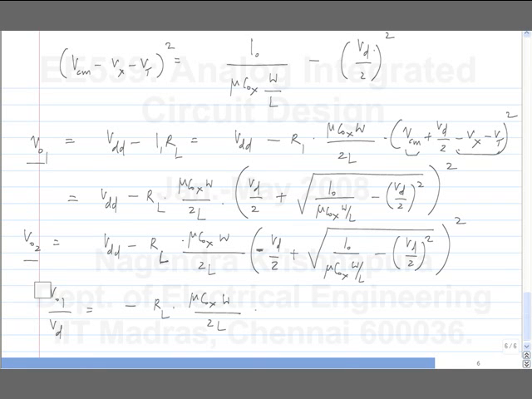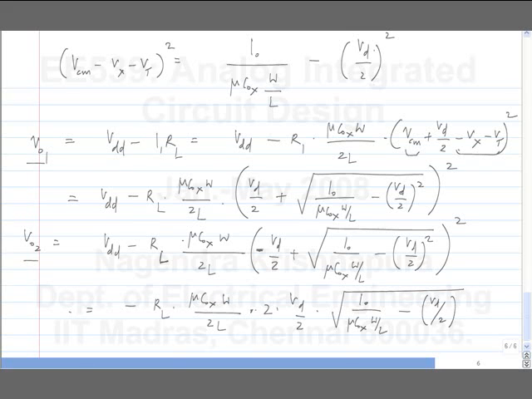The linear term will be, if I ignore everything else, what will I get? Into 2 times VD by 2 times this whole thing. Okay. And again, I can ignore this square term in the whole analysis. All I did was I expand this. I get the square of the first term, the square of the second term, and the linear term. So I have taken only the linear term there. And what is that?